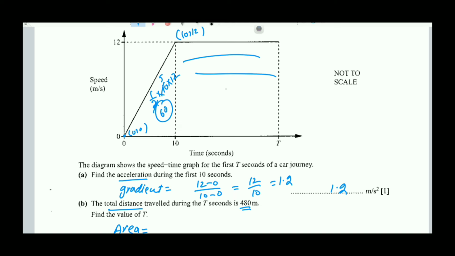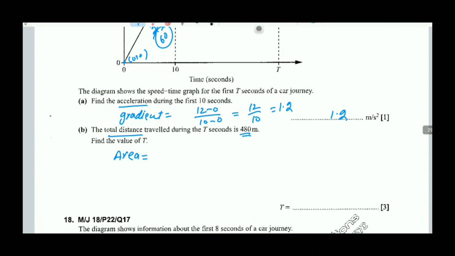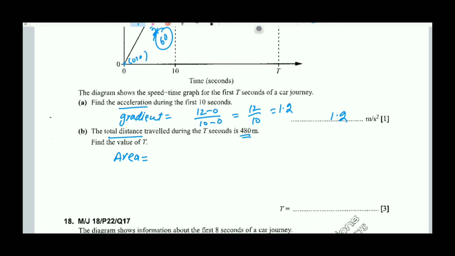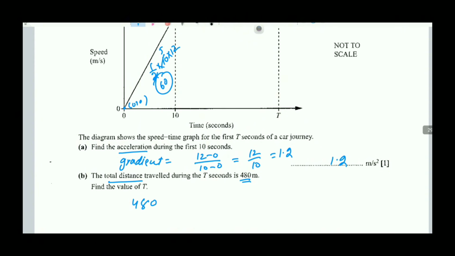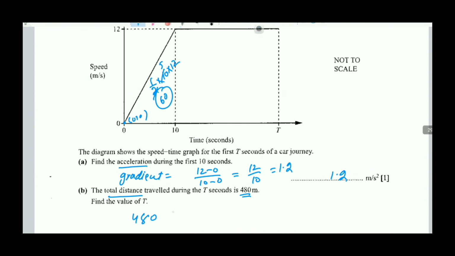Now we can easily find the area of this rectangle by subtracting the triangle area from the total area. 480 is the total area of the whole figure, and you subtract the area of the triangle, that will be 420. 420 is the area of the rectangle now.